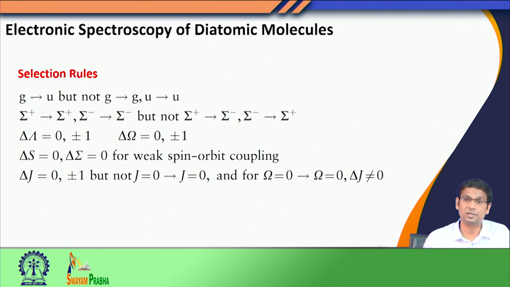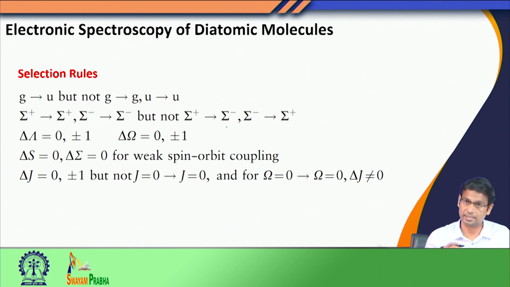This selection rule arises because the electric dipole moment operator itself is of ungerade symmetry. So, it can only couple two states with opposite symmetry in the g or u sense. Sigma plus to sigma plus or sigma minus to sigma minus is allowed, but not the mixed case, sigma plus to sigma minus.